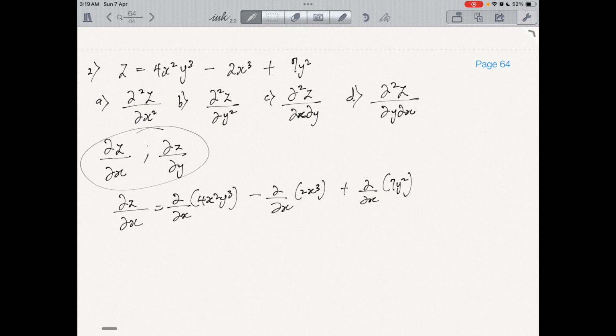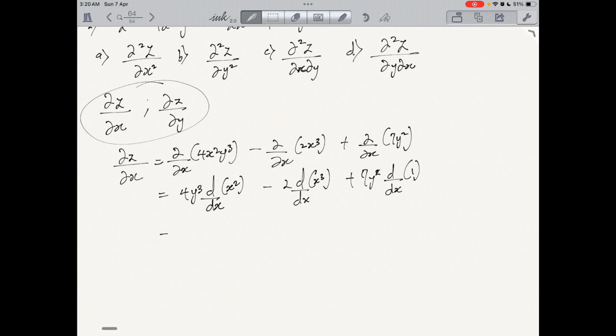Now, if our y is kept constant, we have 4y cubed with a full differentiation with respect to x of x squared, and 2 with a full differentiation with respect to x of x cubed, plus 7y squared with a full differentiation with respect to x of 1.